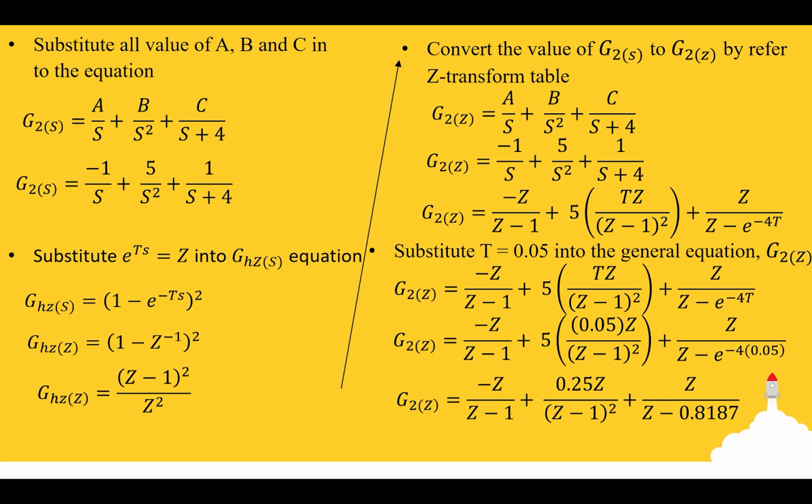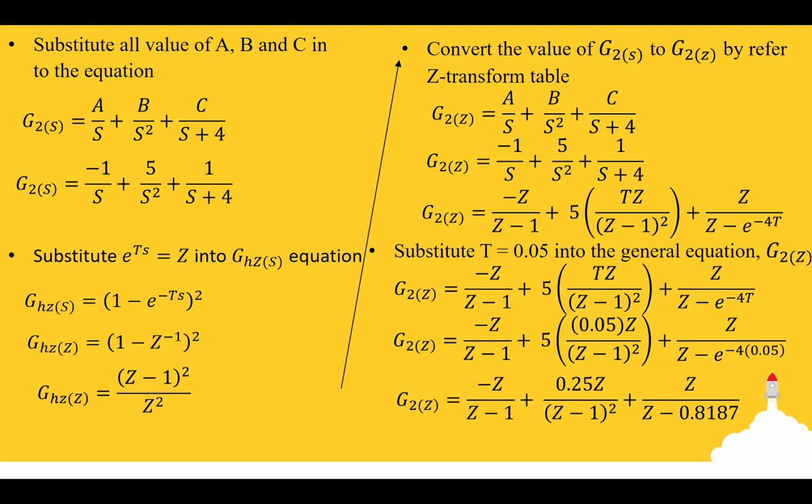And for 5 over s square, we put the 5 outside, and the general equation is 1 over s square, and from the z transform table is equivalent to tz over z minus 1 square, and therefore we get 5 bracket tz over z minus 1 square.